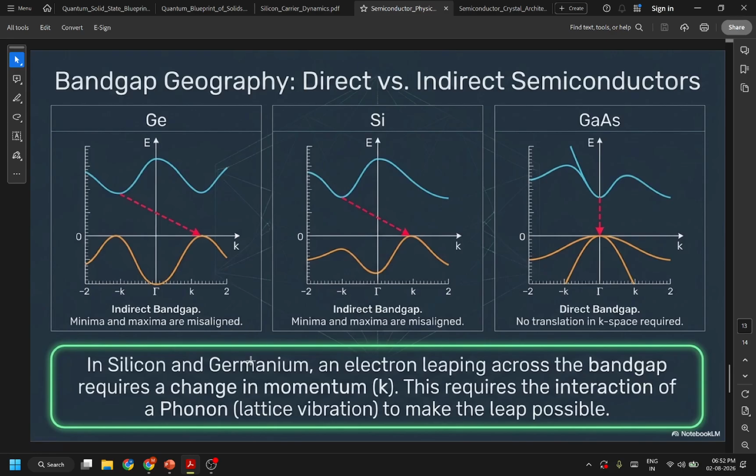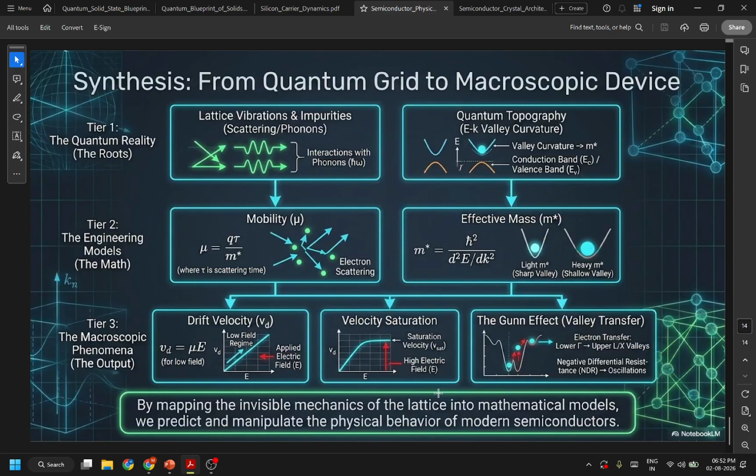In silicon and germanium, the electron leaping across the band gap requires a change in momentum. This requires interaction with a phonon to make the leap possible. We just read that the interaction of an electron with a phonon results in a change in momentum. So here we have to have a phonon interaction to make this leap across the forbidden gap.